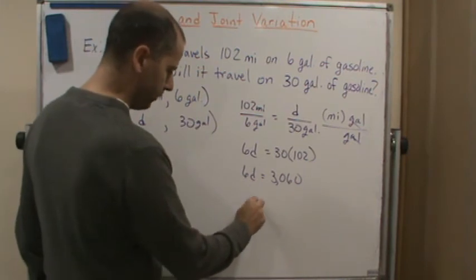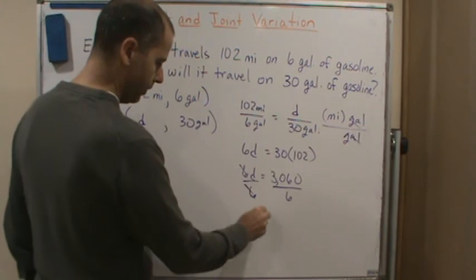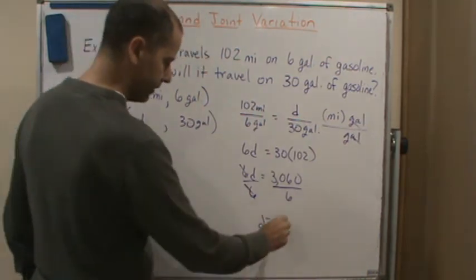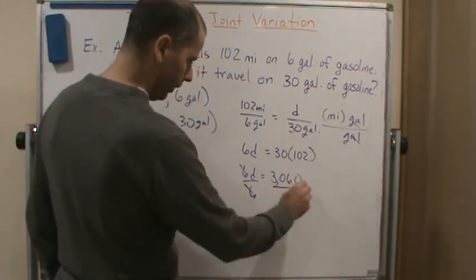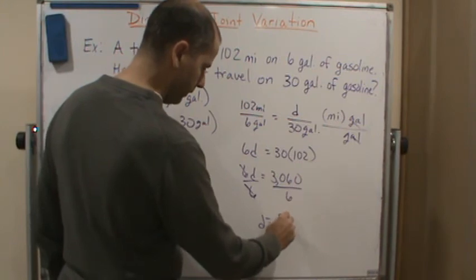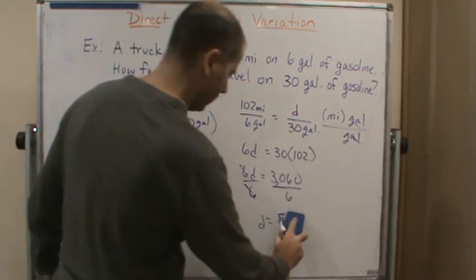So when I solve for D by dividing both sides by 6, what do I get? D equals, oops, hold on, got ahead of myself.